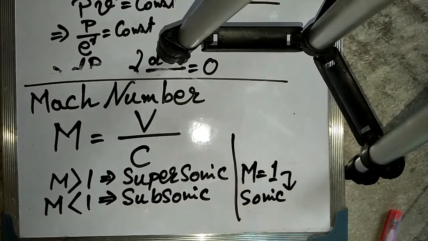This is the sonic velocity. Okay, so these are the three conditions. So supersonic jet planes fly at Mach numbers greater than 1. The velocity is much higher than the sound velocity. That's why we call it a supersonic jet or supersonic plane.